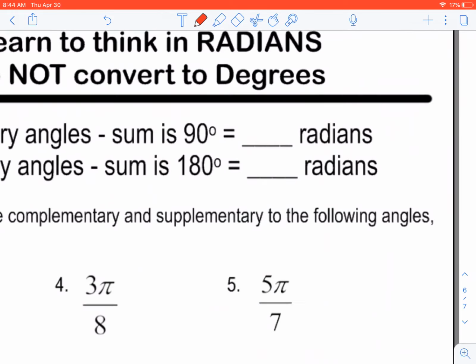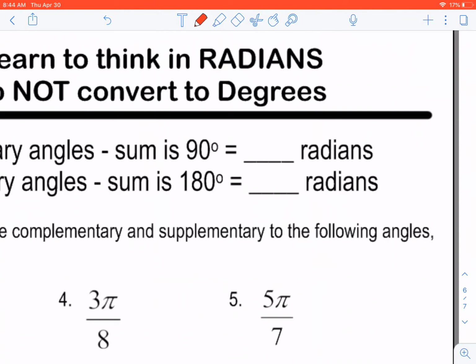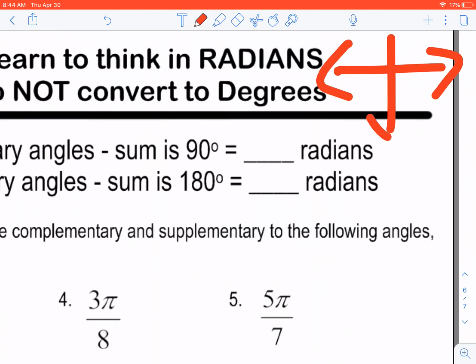Well, in radian measurements, 90 degrees, if you're thinking about a circle, and our measurement here is our 90 degrees right there. So that's 90 degrees or pi over 2. And 180 is going to be a straight line, so we know that is 1 pi.